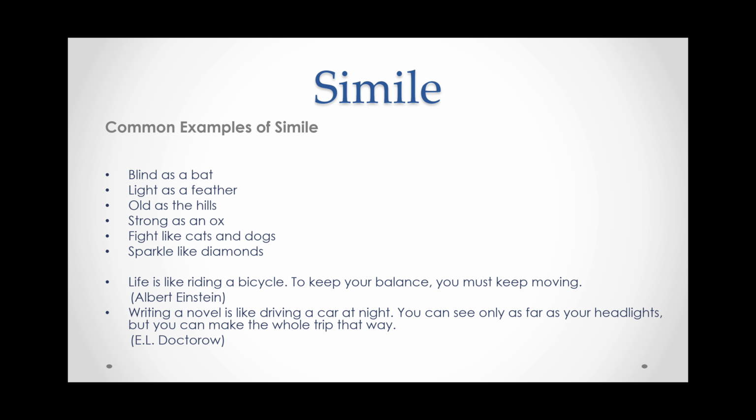For example, blind as a bat, light as a feather, old as the hills, strong as an ox, fight like cats and dogs, sparkle like diamonds, and the quotations like life is like riding a bicycle, to keep your balance you must keep moving, said by Albert Einstein.